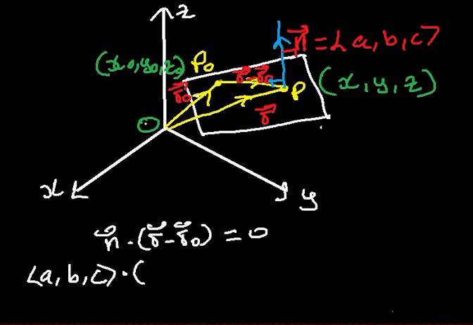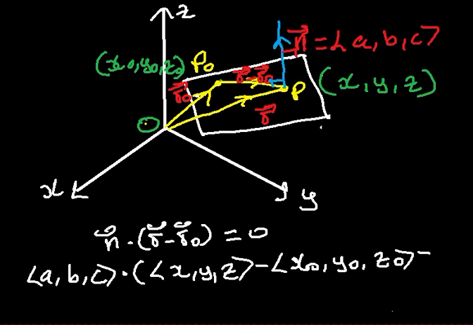Now the vector r is the position vector with respect to point P, and it consists of the components x, y, as well as z. And minus, what is the vector r naught? Vector r naught is the position vector with respect to the point P naught, and that will be x naught, y naught, and also z naught. And that is equal to 0.